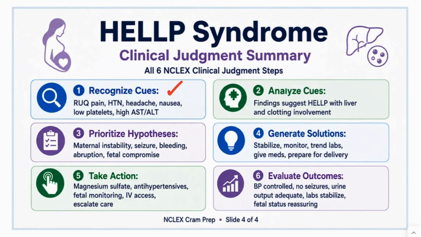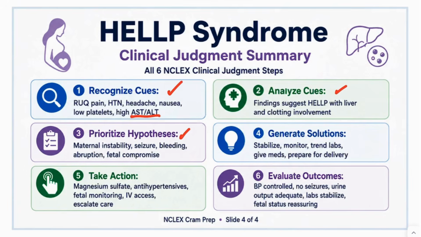Hypertension, headache, elevated enzymes, as you can see there, hemolysis, and failing platelet. The next thing is analyze the cues. Connect all these findings together. So liver involvement plus thrombocytopenia plus hemolysis should make you think of HELLP syndrome.